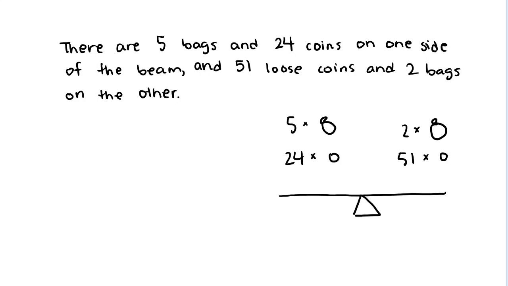So we can take away what's in common between each side, right, and still be left with a balanced beam. So I'm going to take away 2 bags from each side, and that leaves me with 3 bags on the left and no bags on the right. Our beam is still balanced. And then I can take away 24 coins from each side, and there's no more coins on the left. Taking away 24 coins on the right will leave us with 27 coins.